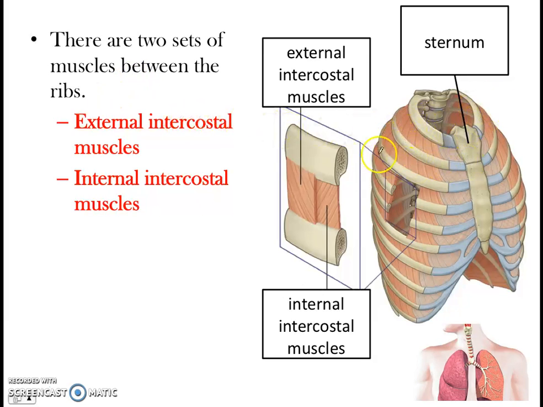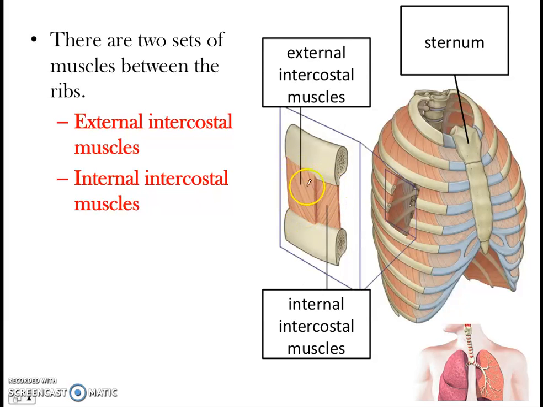So between every pair of ribs, there are two sets of muscles. One, the external intercostal muscles. And two, the internal intercostal muscles. So the reason why they're called external and internal is because one is nearer the outside and one is underneath.